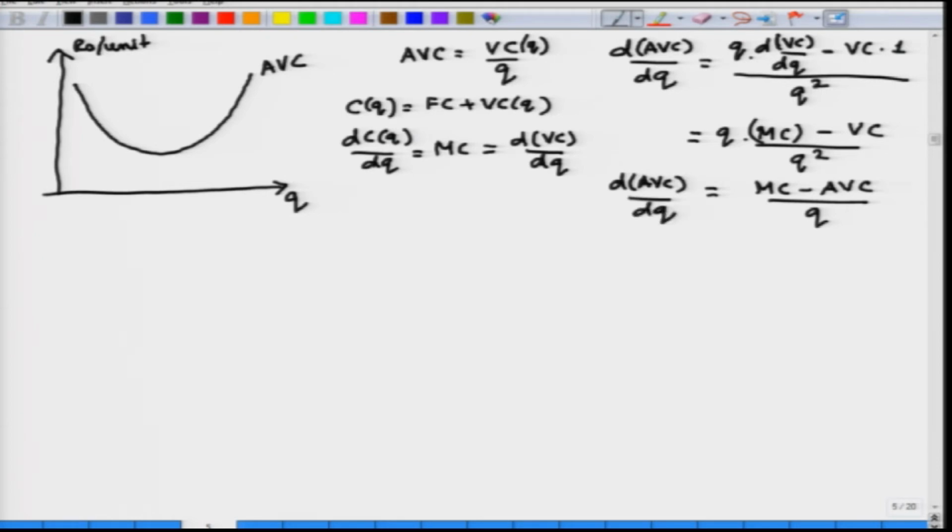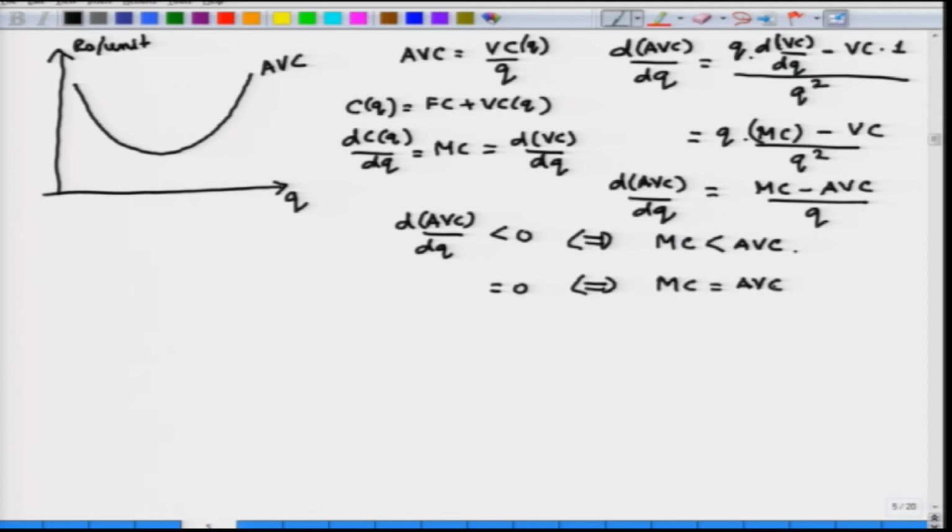What this then implies is that in this portion where my average variable cost curve is decreasing, it essentially means that my marginal cost is less than the average variable cost. When dAVC/dQ is equal to 0, which is where I am at the lowest point of the average variable cost curve, that essentially means that my marginal cost and average variable cost are equal.